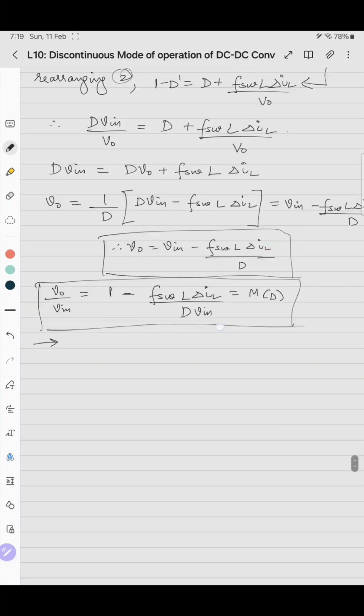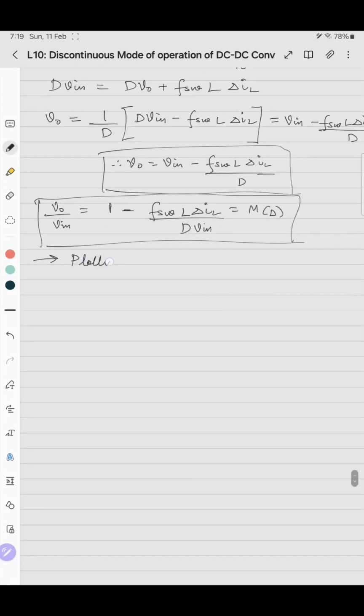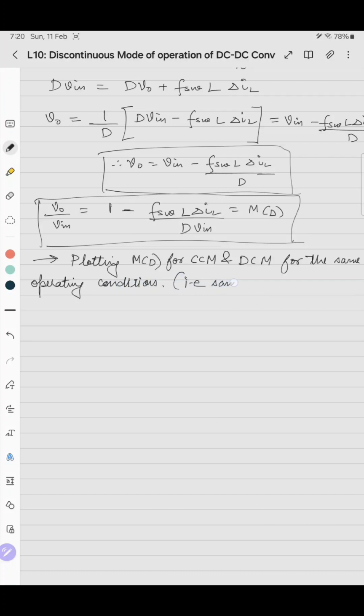So, plotting M of D for CCM and DCM for the same operating conditions, that is the same R or I load, Vin, F switching, capital D, delta IL, delta V naught, and so on.